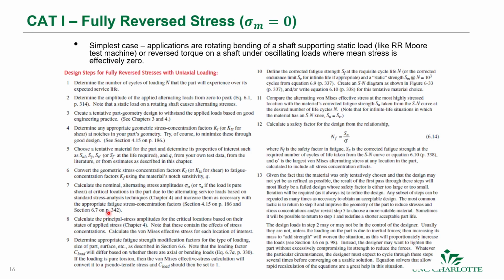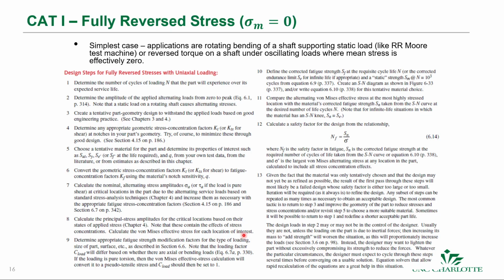Okay, so after we have the geometry, our concentration factors, and we pick the material, we calculate our principal stress amplitudes for the critical locations. And we need to make sure that those principal stresses include these stress concentration factors, and then and only then do we calculate the von Mises effective stress.